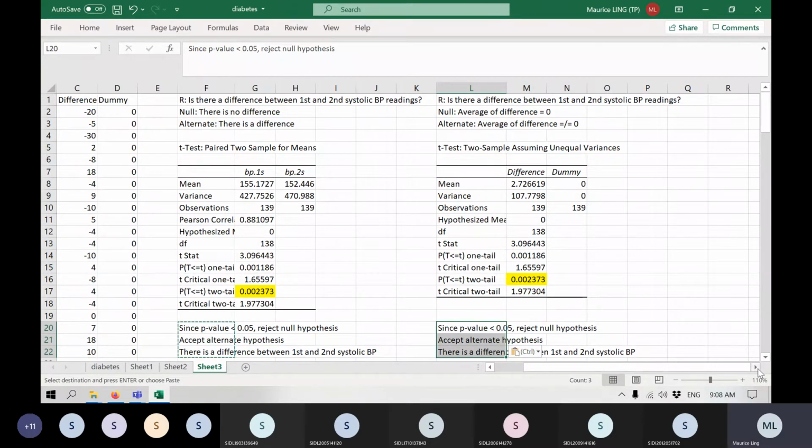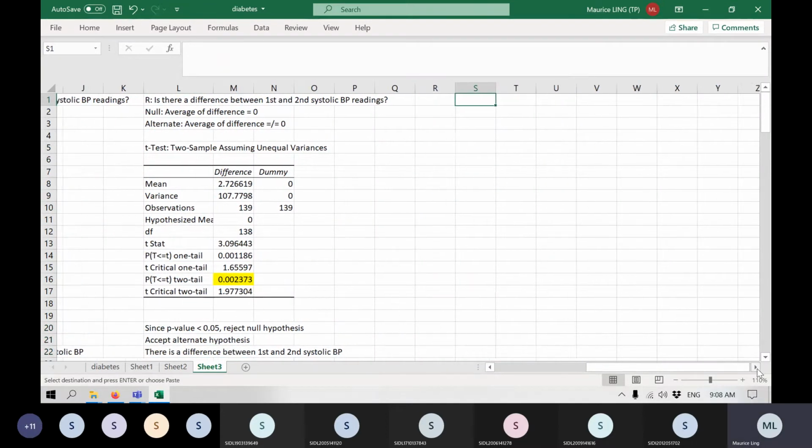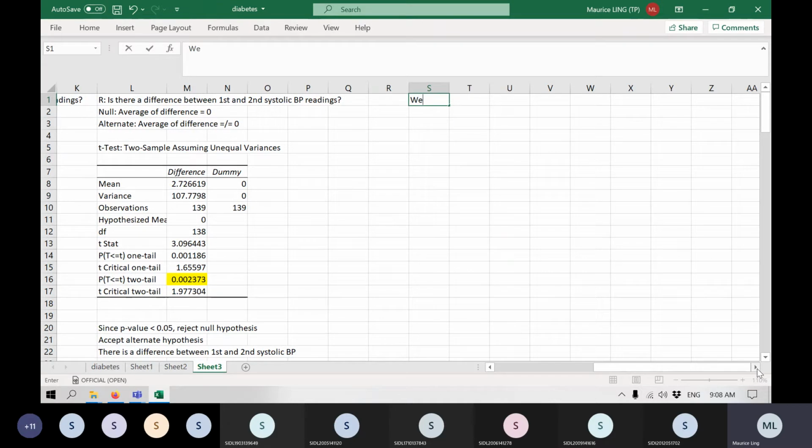So how do we use a one sample t-test most of the time? In my experience, we use a one sample t-test especially for quality control, QC.